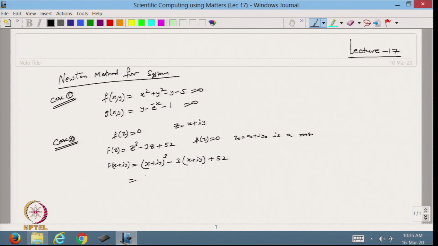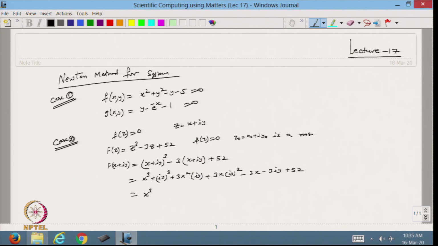Then I can expand this one. So it will be x cube plus i cube y cube plus 3x square iy plus 3x i square y square minus 3x minus 3iy plus 52.